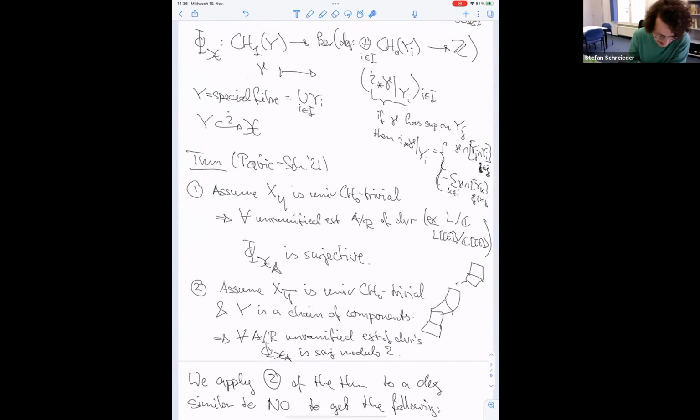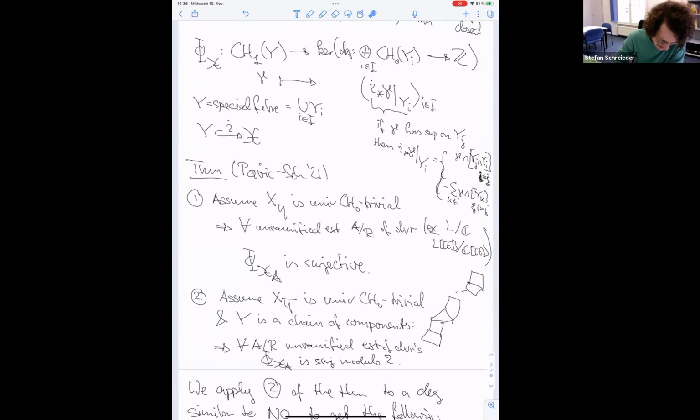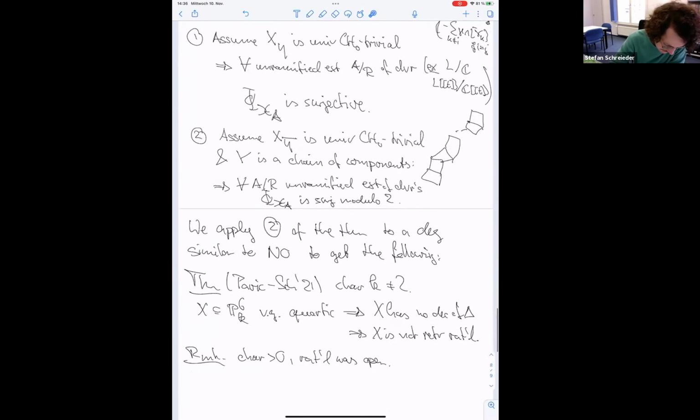So the main point is 1, and 1 is in fact a surprisingly simple statement, but it took us quite some time to realize that this is the correct thing to look at, that one has to look at these 1-cycles. But it does not have a difficult proof. So the proof is quite simple. I could show it in 5 minutes.